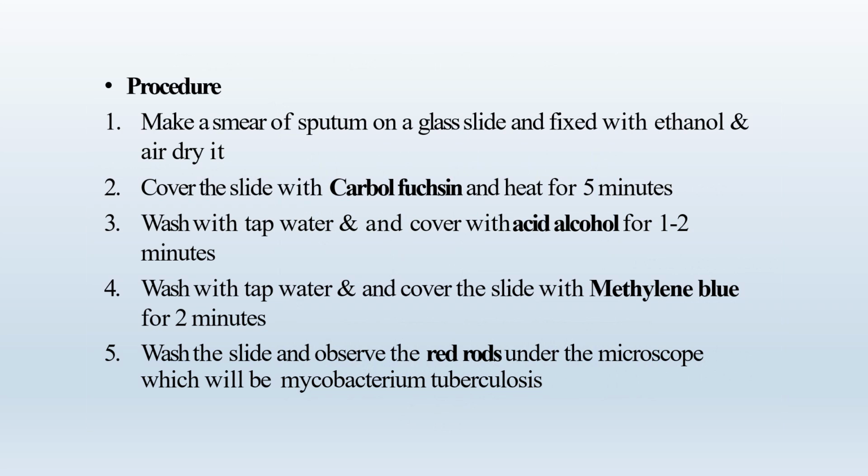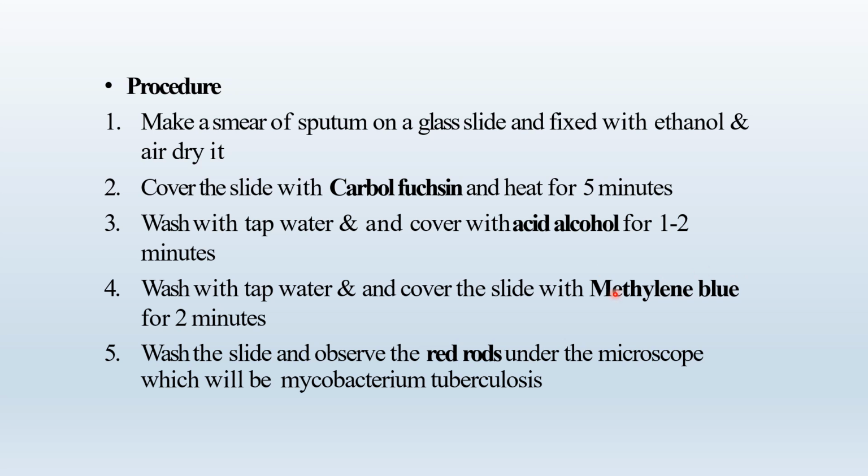Procedure of this acid fast staining technique includes: again, a smear of sputum is made on the glass slide, and then it is fixed with ethanol and then air dried, and then it is covered with carbol fuchsin dye and then heated for 5 minutes, and then washed with tap water and then covered with acid alcohol for 1 to 2 minutes, again washed with tap water and then covered with methylene blue for 2 minutes.